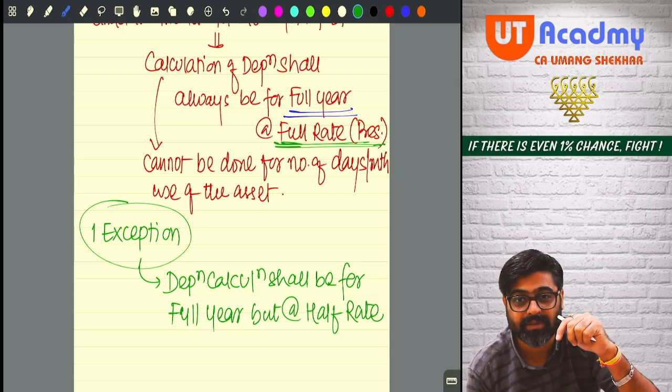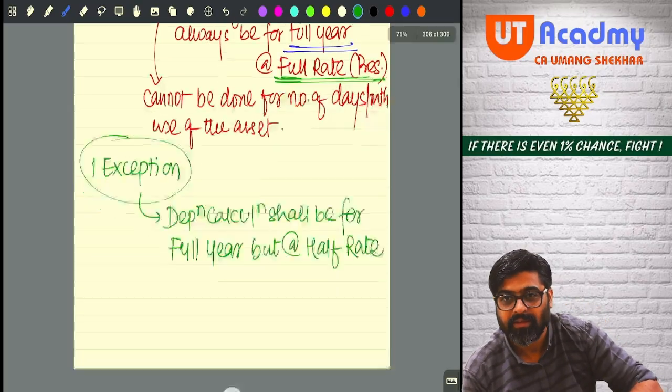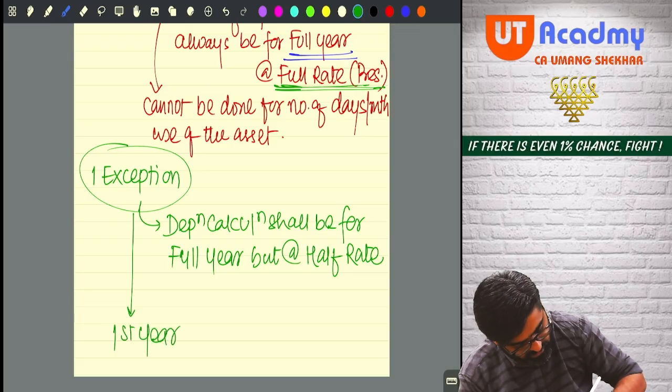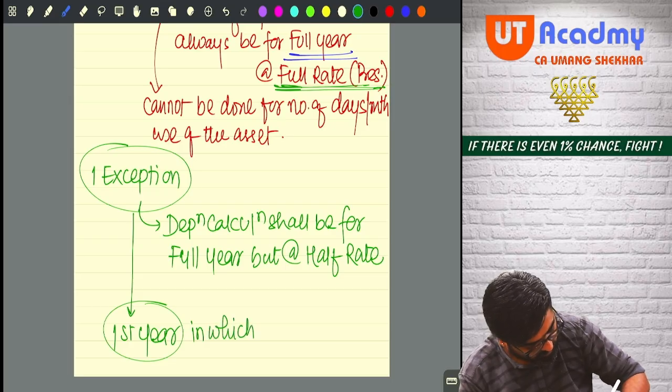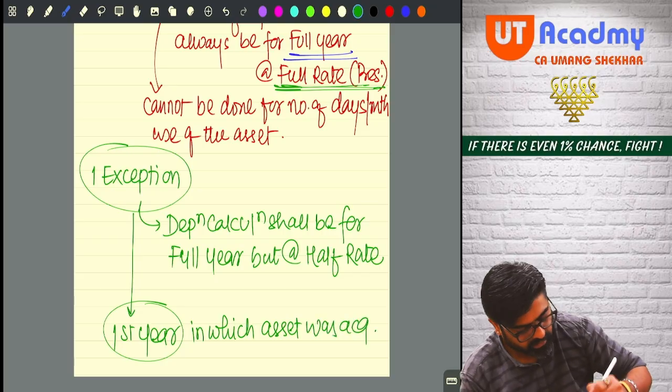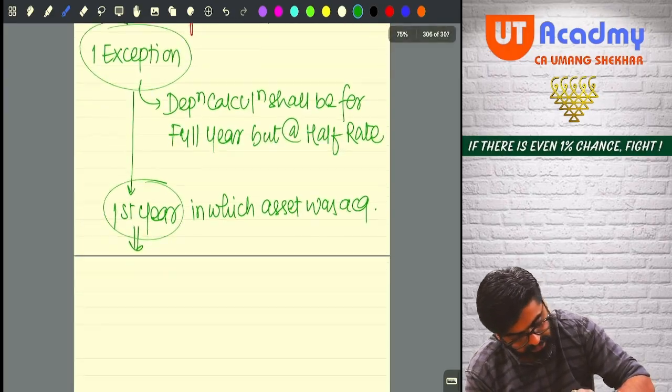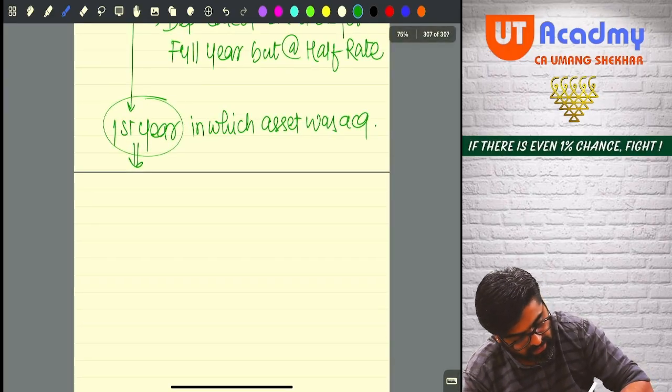And this exception will arise in the first year in which the asset was acquired.